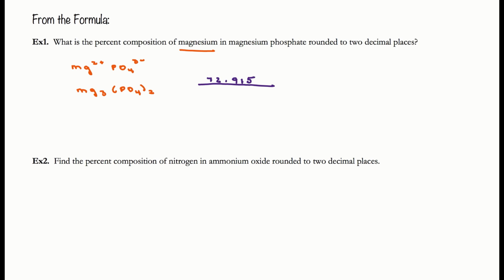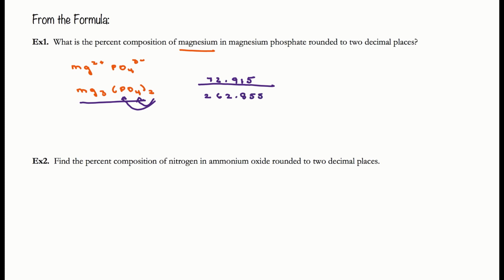Then I need to find the total molar mass of this compound. I'm going to take that 72.915 and add to that the molar mass of phosphorus, which is 30.974. I need to make sure to multiply by 2, though. Then I'm going to add to that the molar mass of oxygen, 15.999, multiplied by 8, because I have 8 oxygens here. The total molar mass that I get for magnesium phosphate is 262.855.